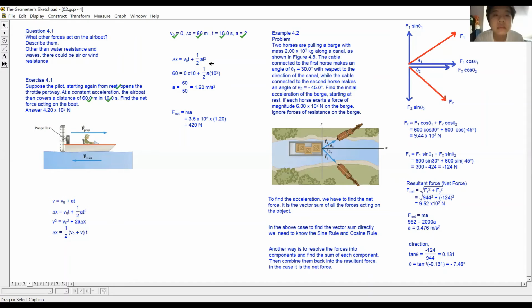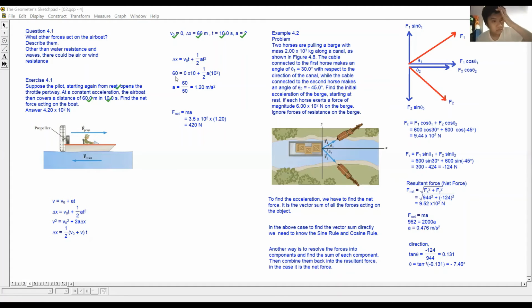So we copy down the second equation here. Displacement equals initial velocity times time, plus half times the acceleration times the time squared. The displacement is 60 meters, so we substitute in the 60 here.